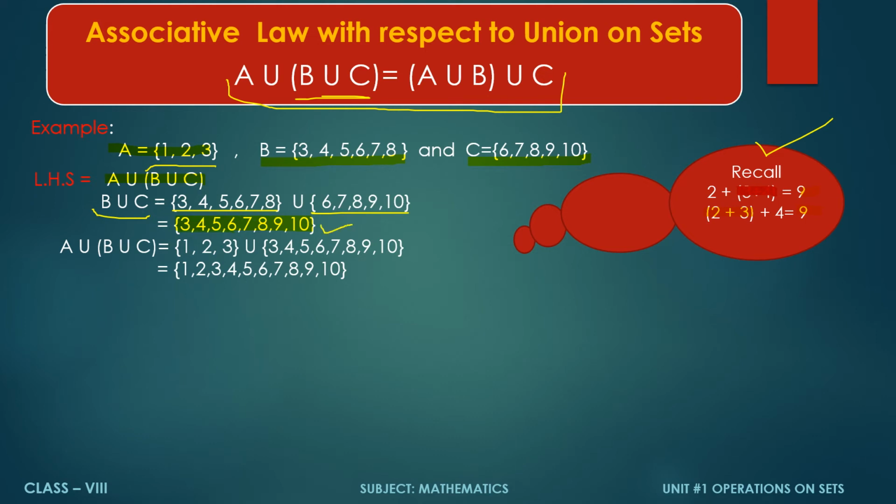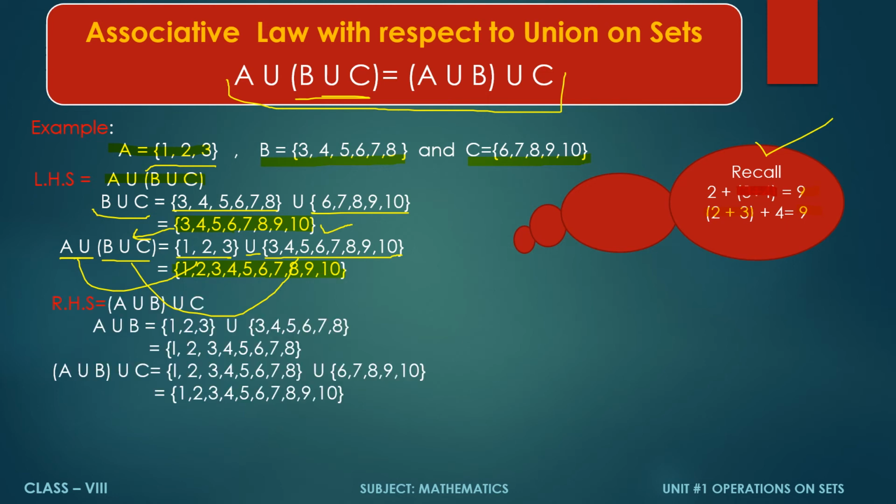Now we take union of this resultant set with A. For this purpose, first we write the elements of set A, then sign of union, then resultant set of B union C, that is 3, 4, 5, 6, 7, 8, 9 and 10. Now the resultant set of left hand side, that is A union (B union C), is 1, 2, 3, 4, 5, 6, 7, 8, 9 and 10.